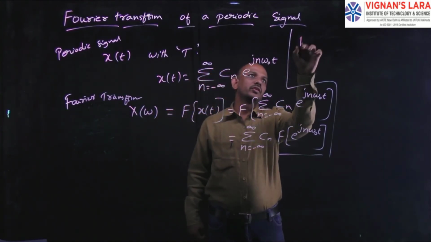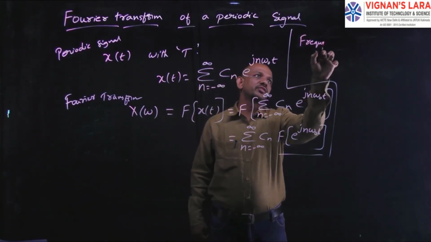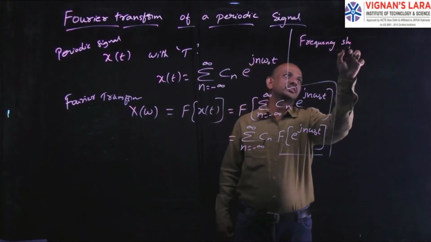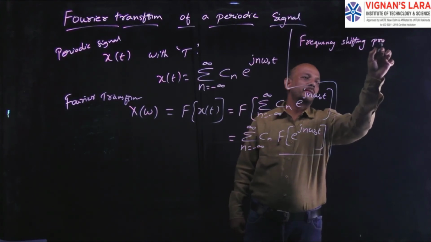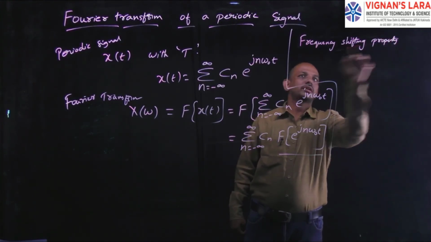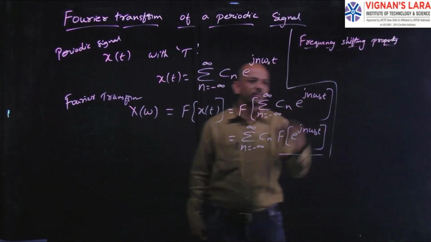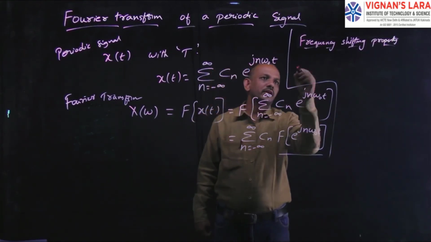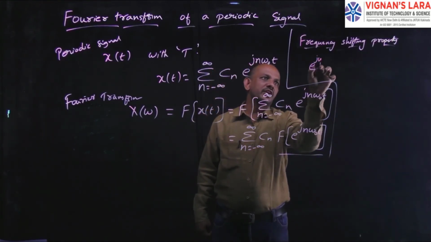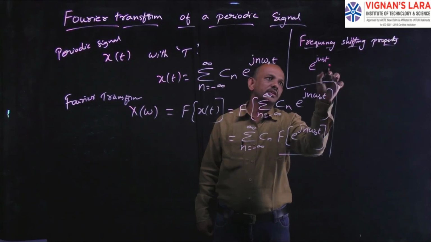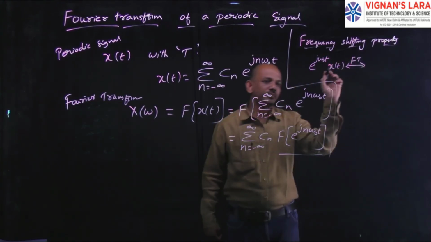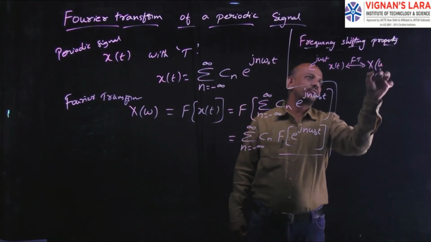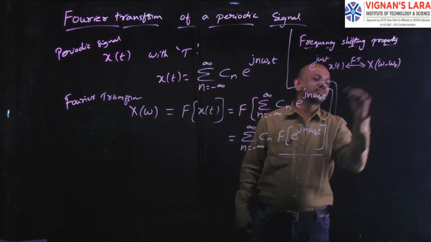So what is the frequency shifting property? You all know it: e power j omega naught t into x of t has a Fourier transform capital X of omega minus omega naught.